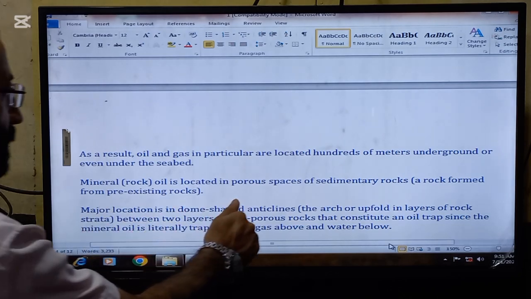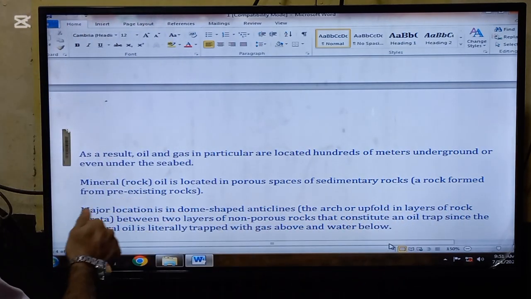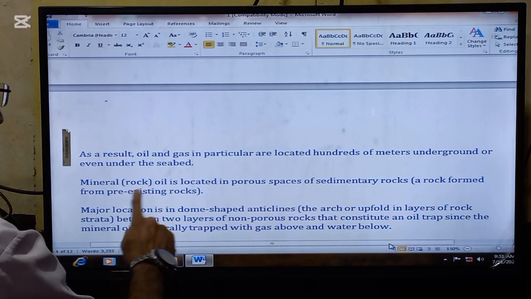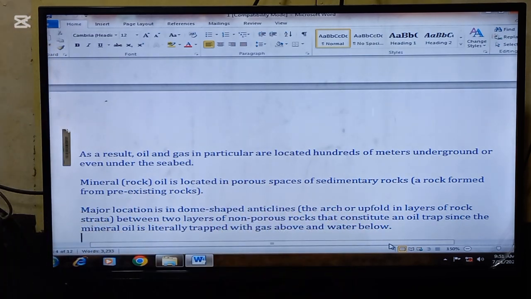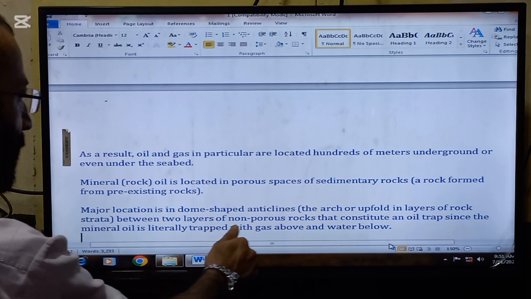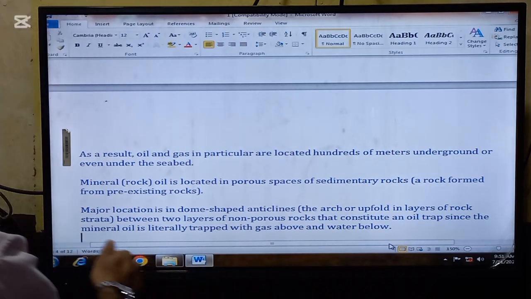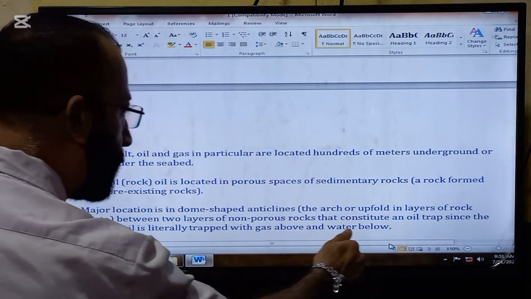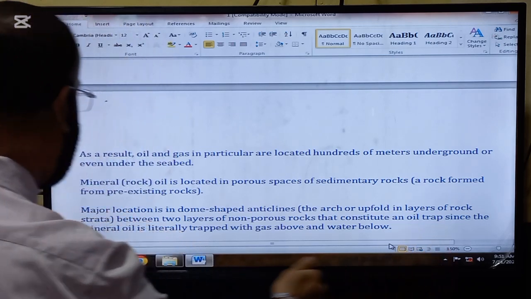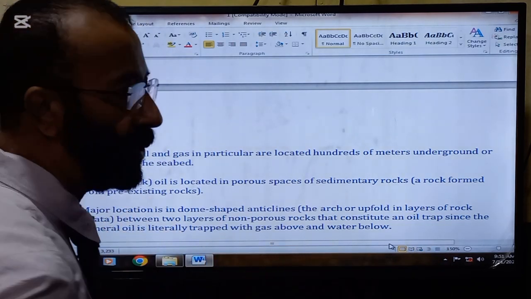Mineral oil is located in porous spaces of sedimentary rocks, rocks formed from pre-existing rocks. Major location is in the dome-shaped anticlines, the arch or upfold in the layers of the rock strata, between two layers of non-porous rocks that constitute an oil trap, since the mineral oil is literally trapped with gas above and water below.